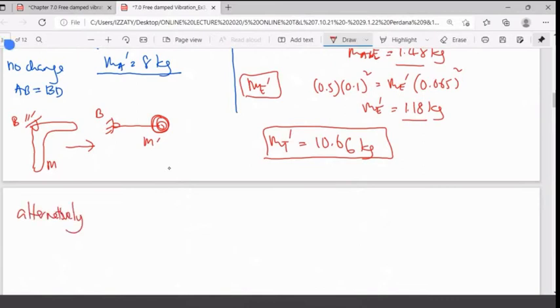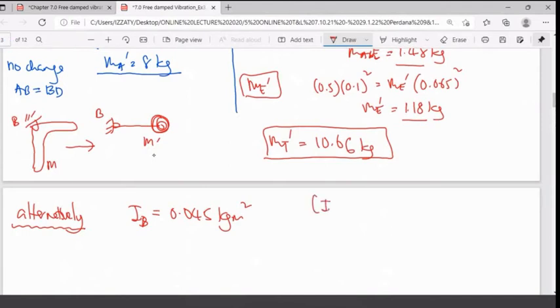Alternatively, remember the I naught, we calculated I naught. Sorry, it's not I naught, it's I about B. Remember, if you go back to your solution earlier, you found that IB is here, 0.045 kilogram meter square, isn't it? You check your notes, turn to the page we did earlier in our calculation. I remember this was 0.045. So we use the equivalent method.